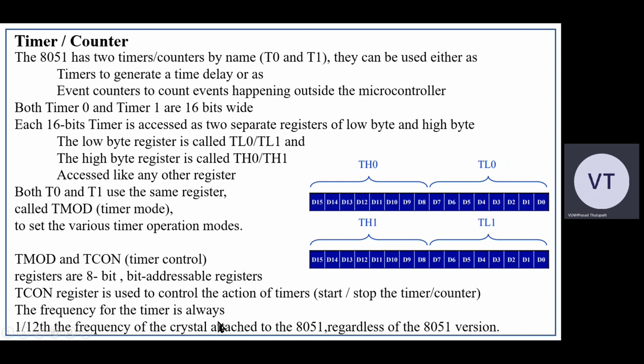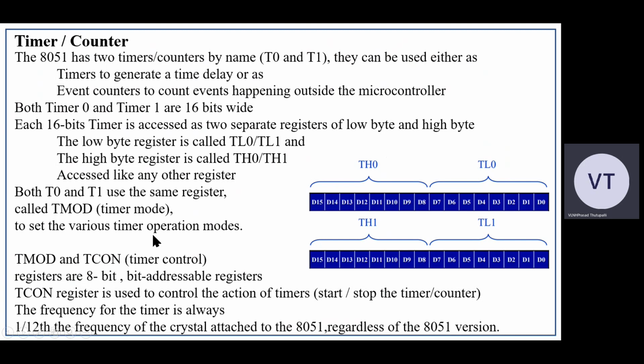The frequency of the timer is always 1/12 of the frequency of the crystal attached to the 8051, regardless of the 8051 version. So if you are applying a 12 megahertz clock signal to the microcontroller, the timer clock frequency is going to be 12 megahertz by 12, that is 1 megahertz.